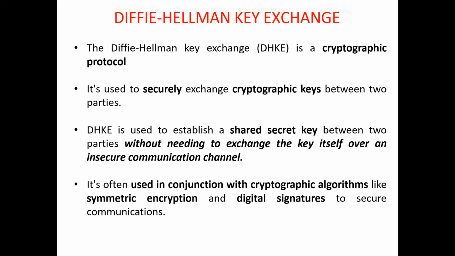It establishes the shared secret key between two parties without needing to exchange the key itself over an insecure communication channel. It is often used in conjunction with cryptographic algorithms like symmetric encryption, which is also called private key encryption, and digital signatures to secure communications.